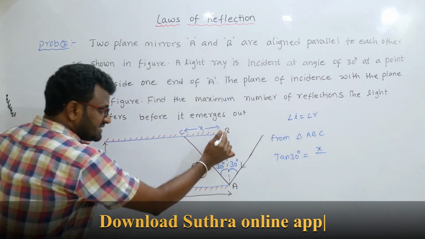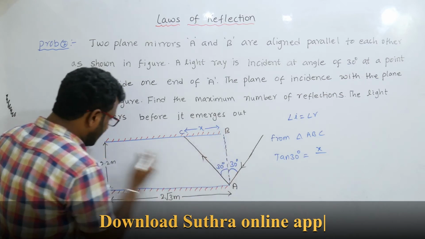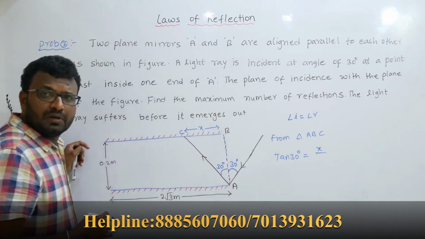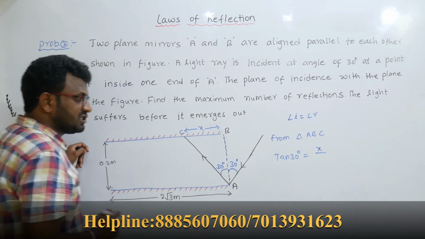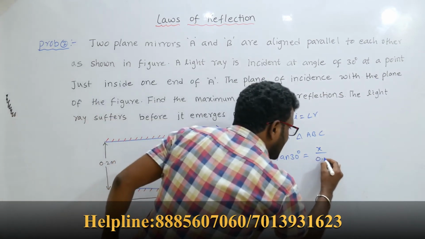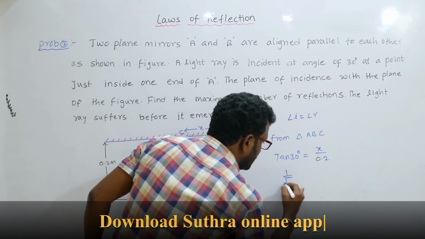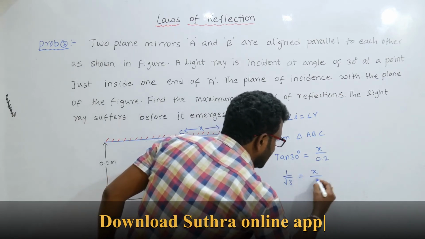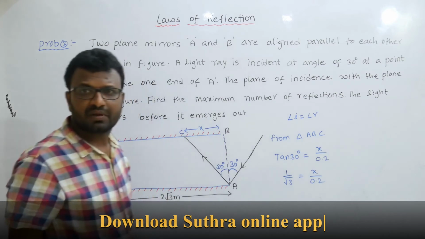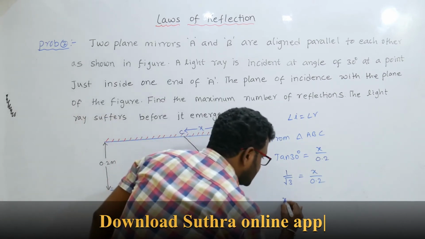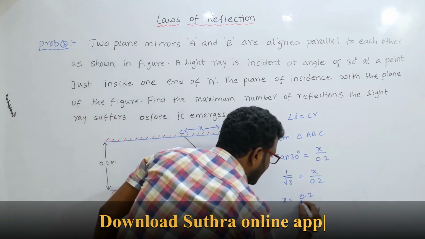This line is parallel to the width of the mirrors, so how much is it here? 0.2. Tan 30 value is 1/√3, equal to x by 0.2. So x comes to 0.2/√3.